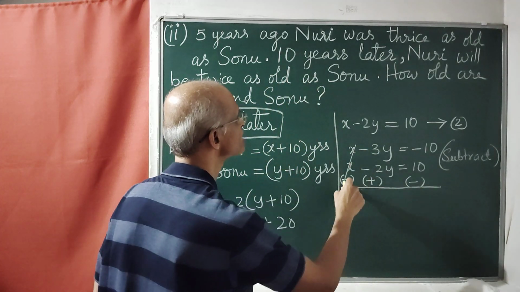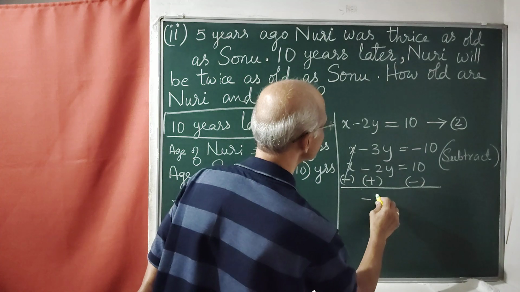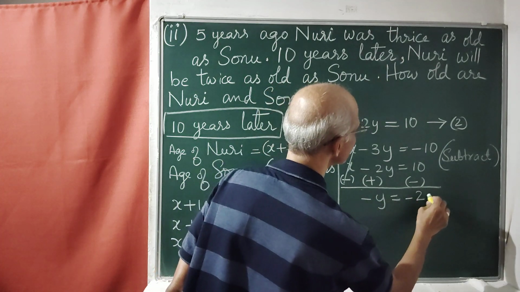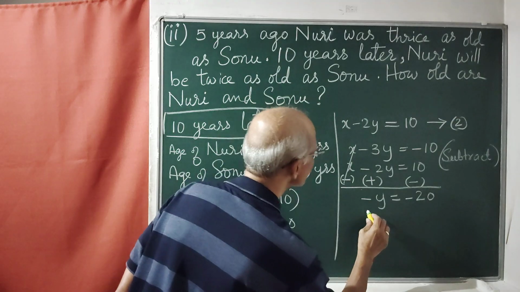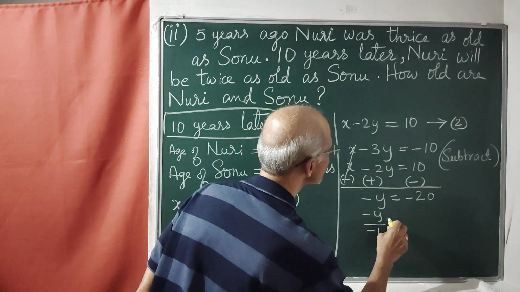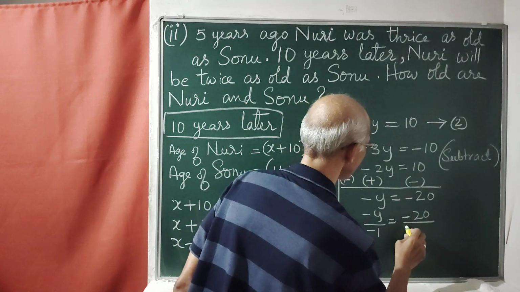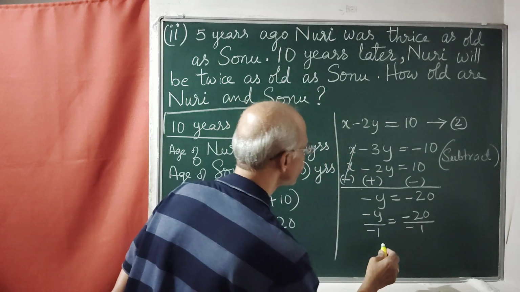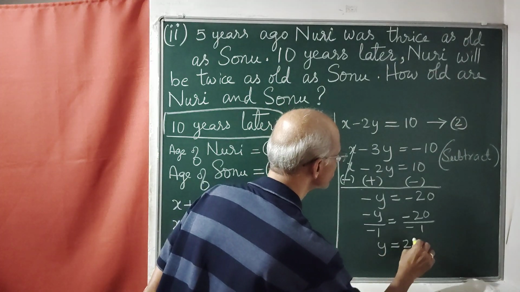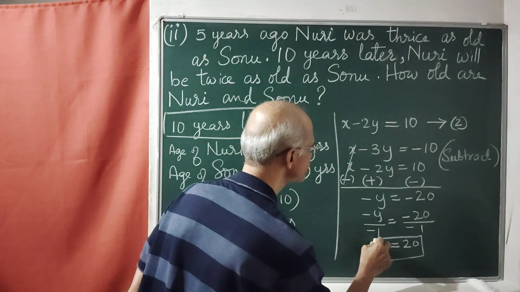X minus X cancelled here. You will get minus Y will be equal to minus 20. So divide both sides by minus 1. Minus Y by minus 1 equal to minus 20 by minus 1. So minus got cancelled. So Y will be equal to 20. So the value of Y is 20.